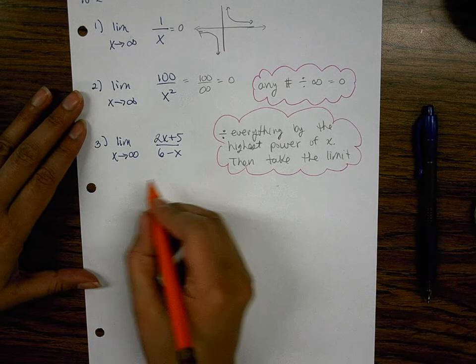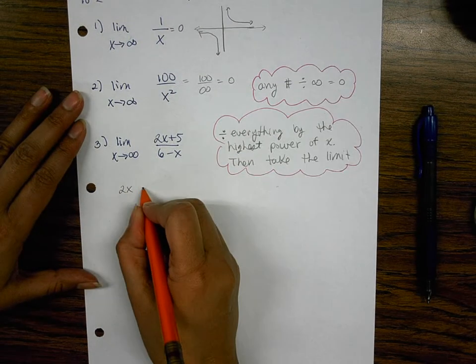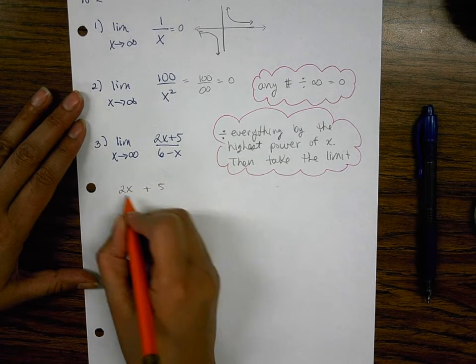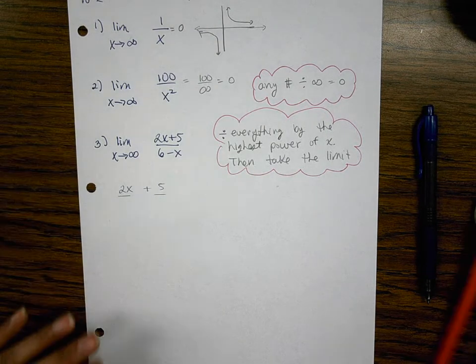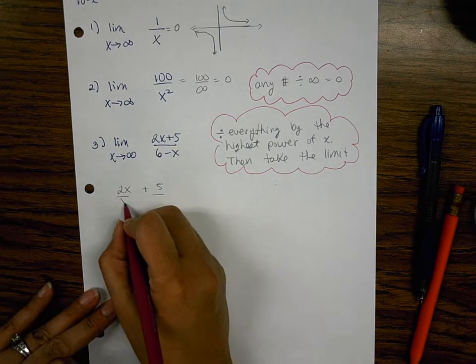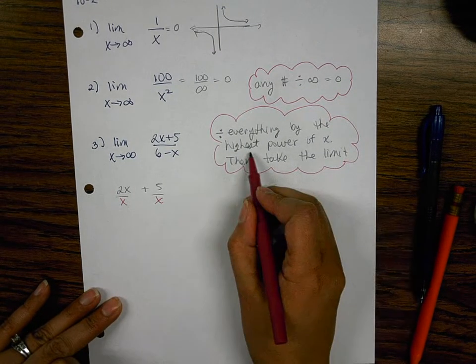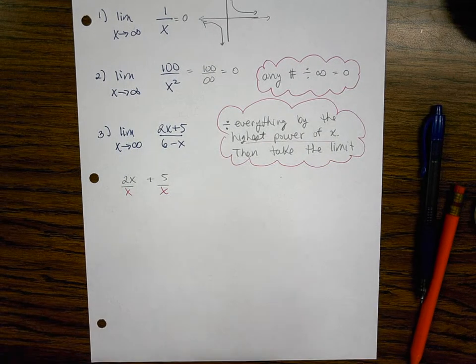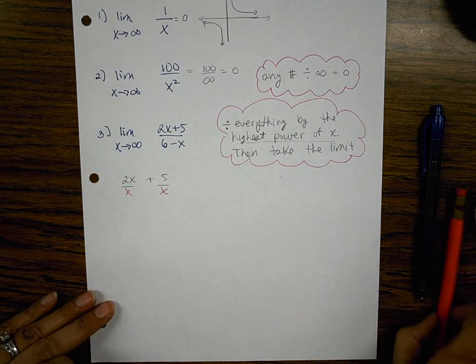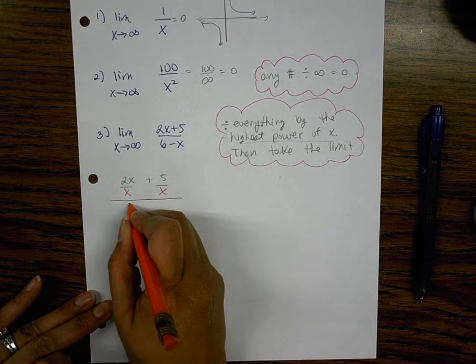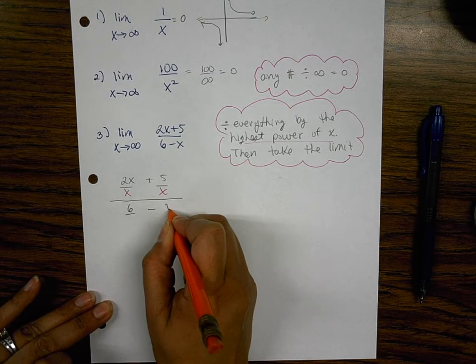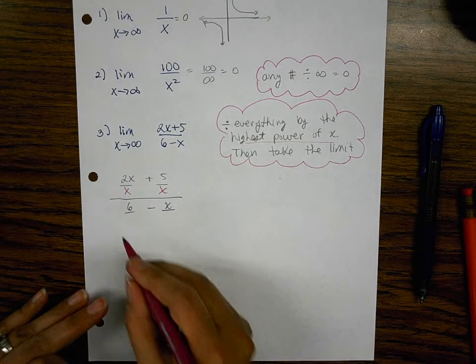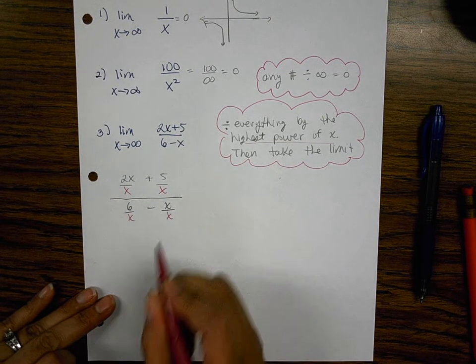So for now, we get 2x plus 5, and we're going to divide both of those by x. Why x? Because it's the highest power of x, x to the first. All right, over 6 over blank minus x over blank, and I'll divide both of those by x.